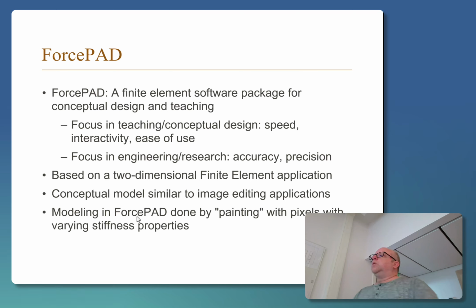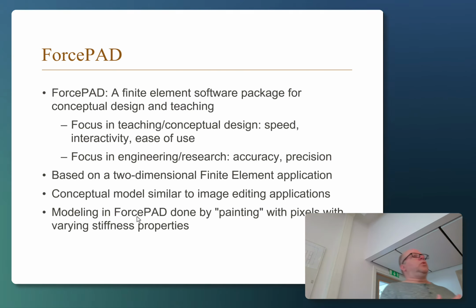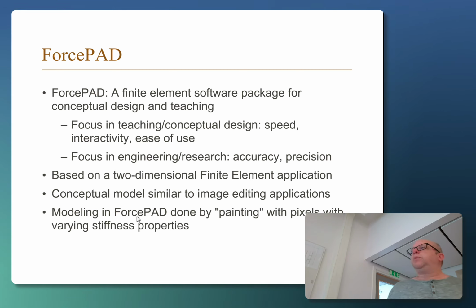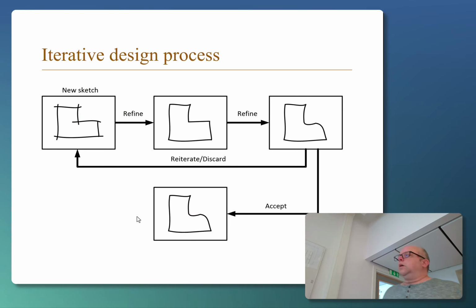The idea was also to implement it as a drawing application, so you use the same tools as when you use a paint program like Photoshop or Paint.net or any of those. The user is used to working with those applications, and it also supports that you can do a sketch, you can refine, you can iterate, and go through this iterative design process in this application.